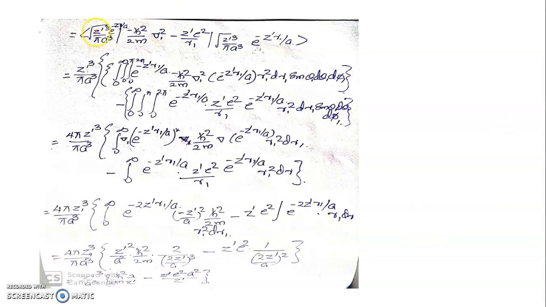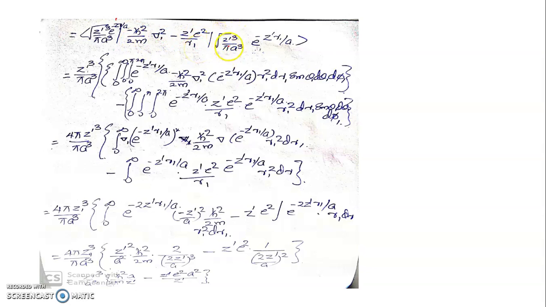That is square root z prime cube by pi a cube e raised to minus z prime r by a. All these terms consist of z prime other than those operator parts where we have accounted an addition and subtraction. If I have forgotten to put a prime symbol, please keep in mind that there is a prime symbol for all these z terms. Minus h bar square by 2m del 1 square minus z prime e square by r1.